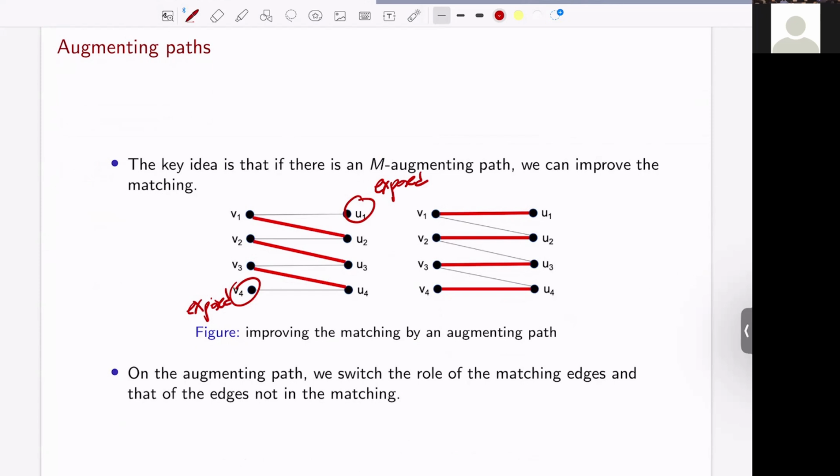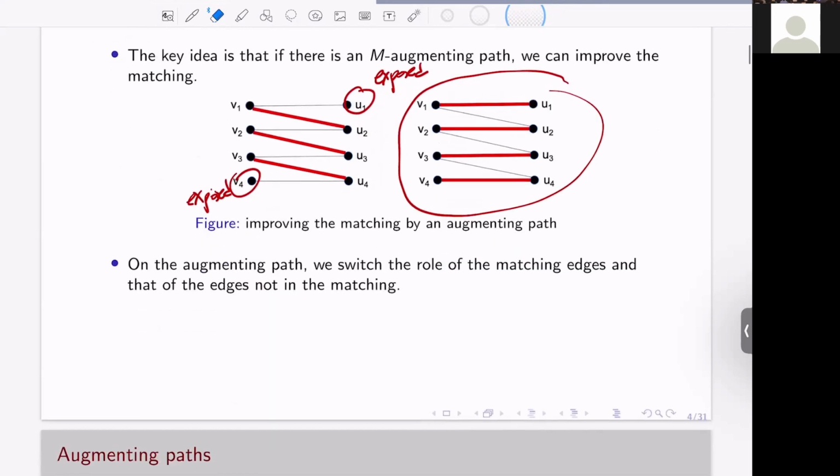Then you take this augmenting path, which is alternating and has both ends exposed. If you do the augmenting step, we get a better matching. Now you see that all vertices are covered, and it's called a perfect matching. We're going to get to this definition later. So this is the augmenting step.